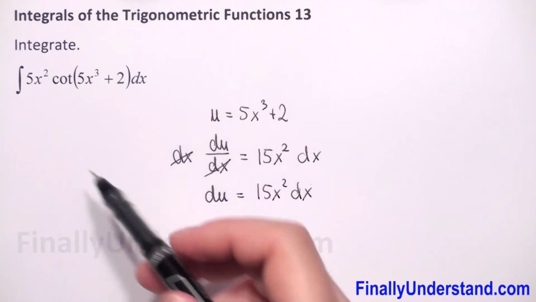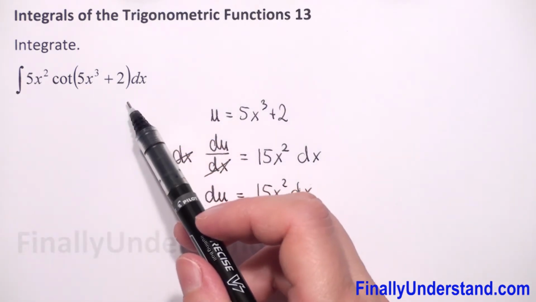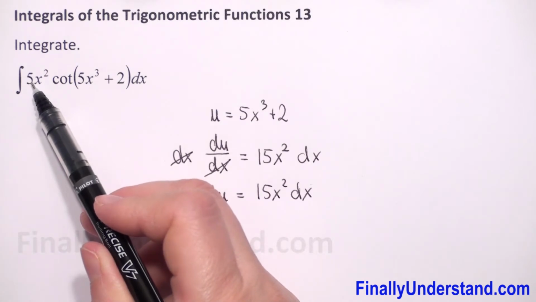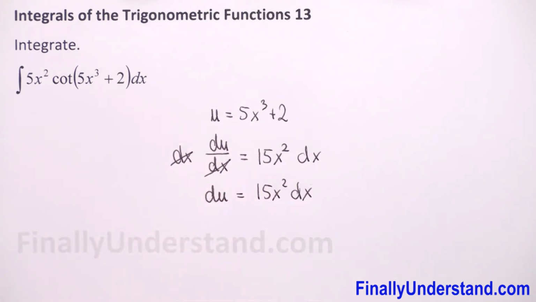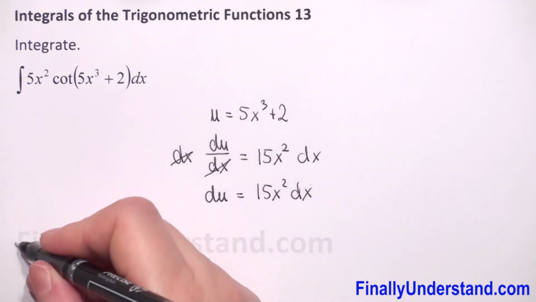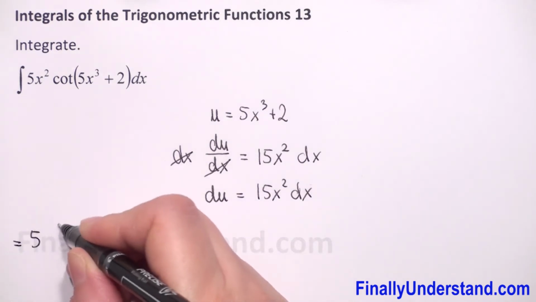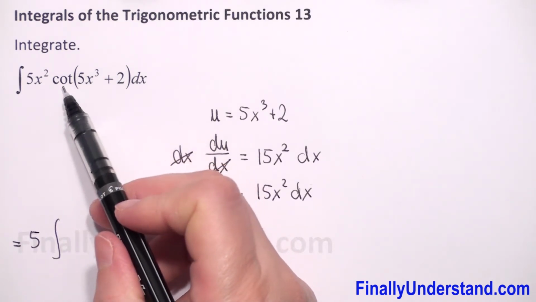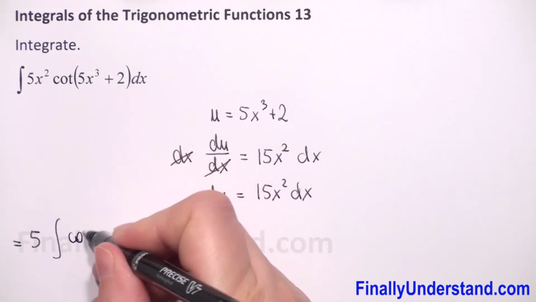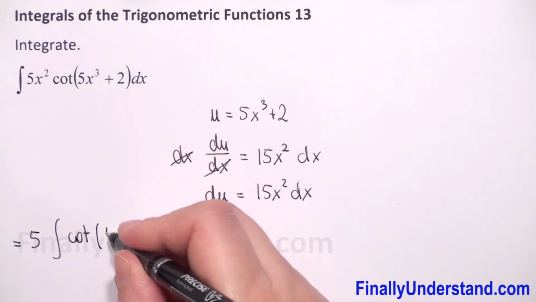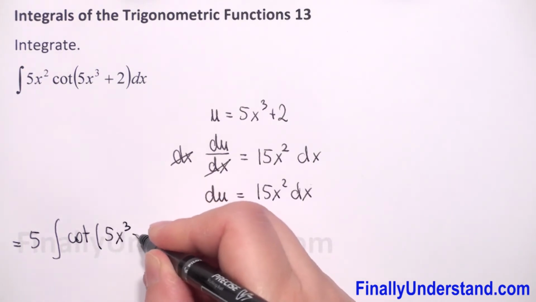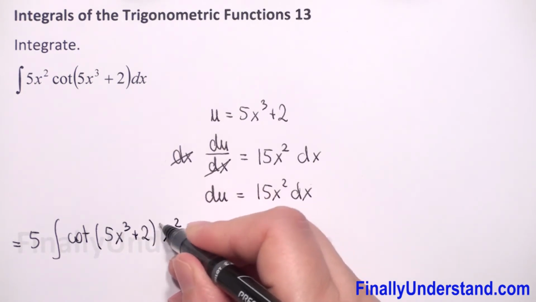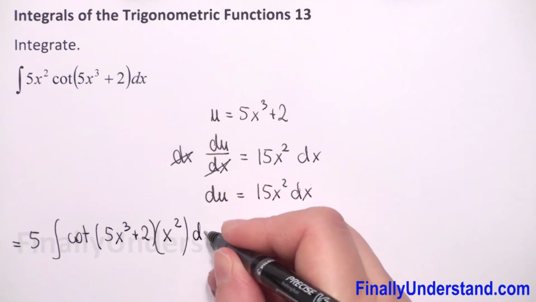Now, let me first rewrite our indefinite integral. Because we have multiplication and we have a constant number, I can take this constant before the indefinite integral symbol. So it will be 5 times the indefinite integral of, and I can put first cotangent of 5x cubed plus 2 times, we have x squared dx.